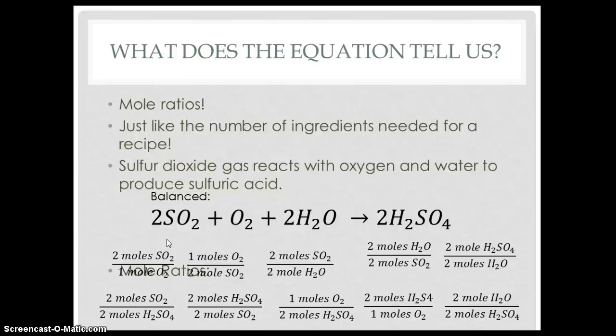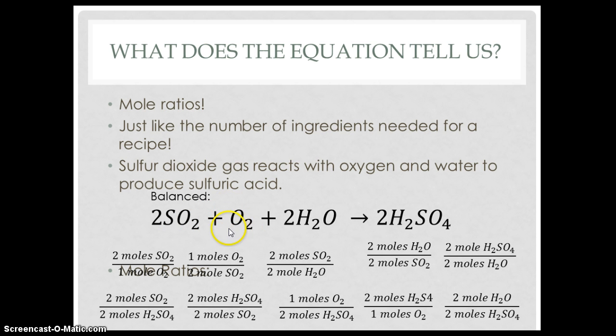So what we assume with our reactions is that we have 1 mole of our substances, and then we go ahead and balance that to make sure everything's equal. So that these numbers now mean how many moles of a certain compound you've got. So here, for example, I have 2 moles of sulfur dioxide, 1 mole of oxygen.